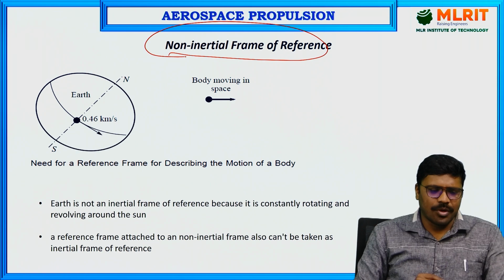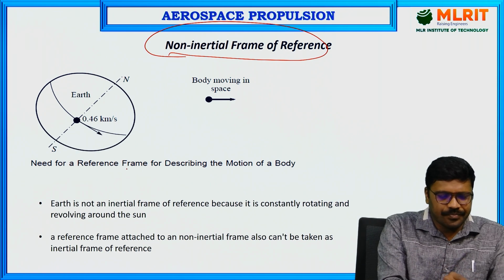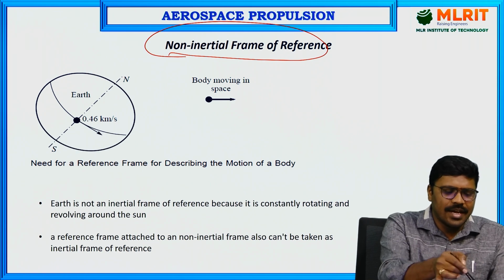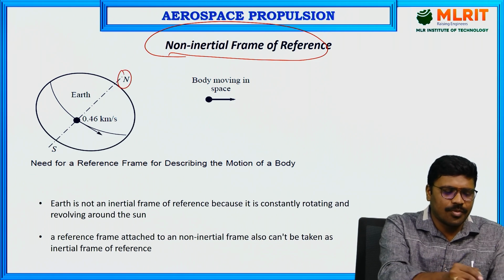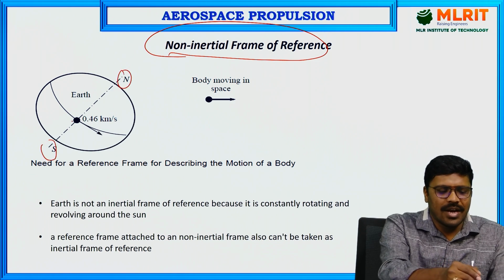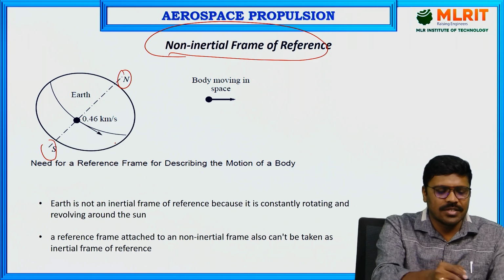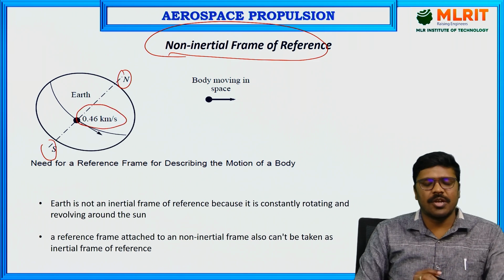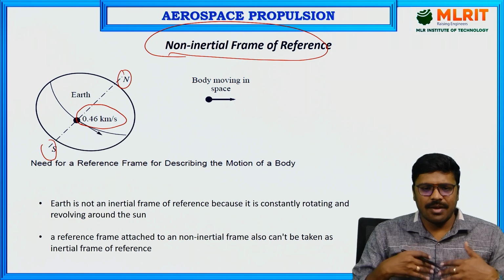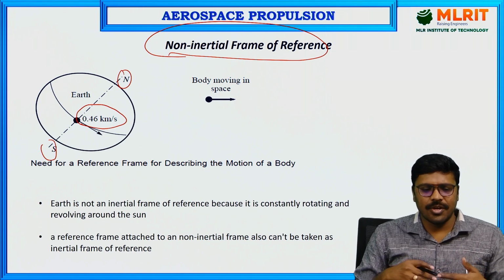As an example of a reference frame, here you can see the earth. This is the north pole and this is the south pole, and the earth is rotating about its own axis with a speed of 0.46 kilometers per second. Suppose I am sitting here in my studio, in a chair.